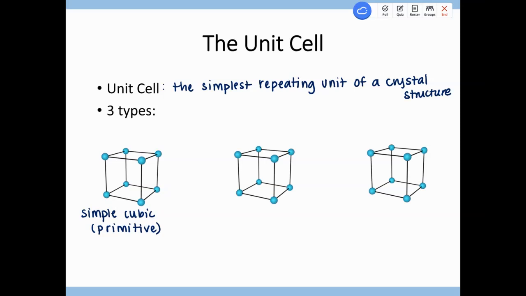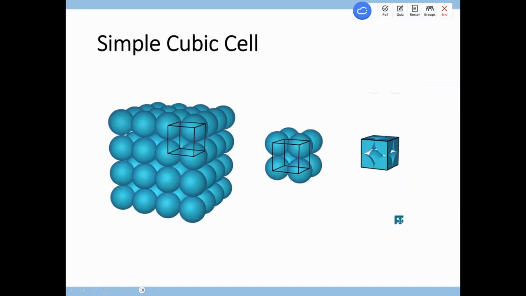I'm going to flip back and forth between this slide and the next one for simple cubic. So a simple cubic unit cell is a unit cell that has 8 atoms arranged in that cubic arrangement. So we've separated out the atoms, but if you go to the next slide, this is the simple cubic cell.